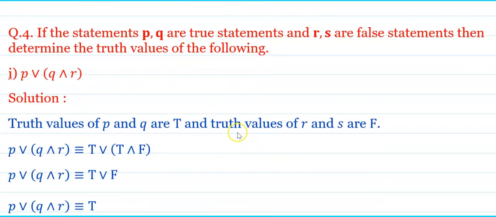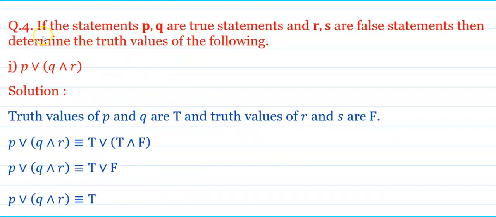Next, question number 4. If the statements P and Q are true, R and S are false statements, then determine the truth values of the following.